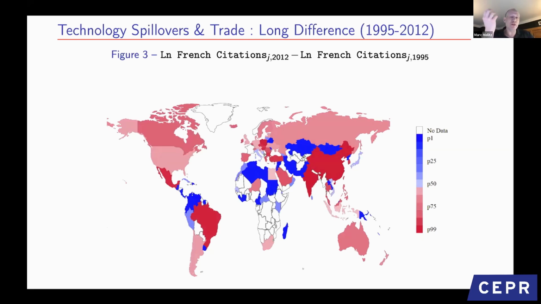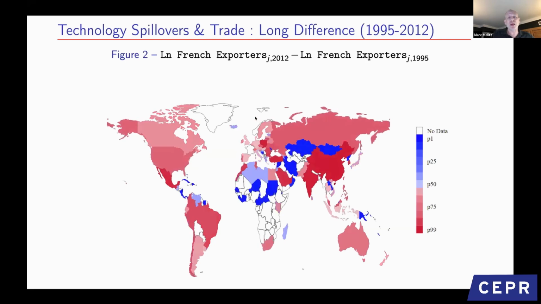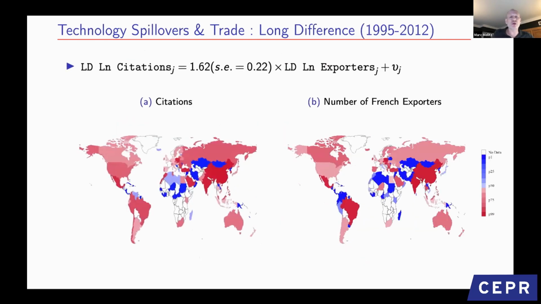And again, when I say citations, I mean new patents developed in these destinations. These are going to be patents that cite a patent by a French firm. And so you see that there is this synchronization also in terms of these two growth rates. And if I put it together on a map, you see them here.